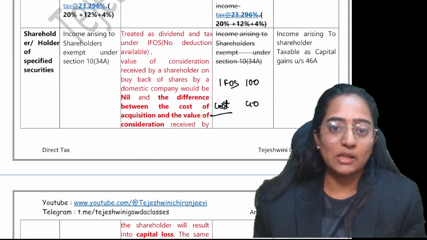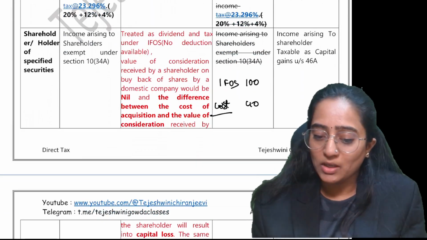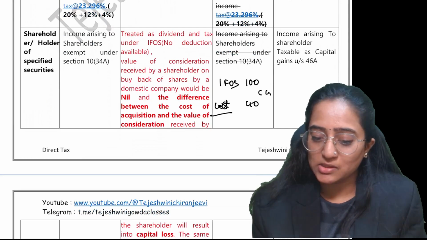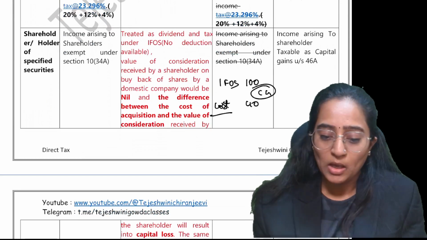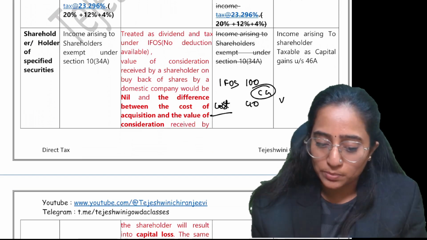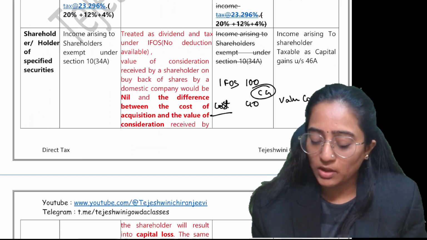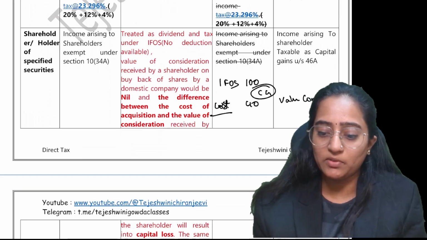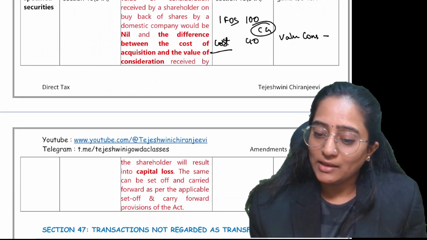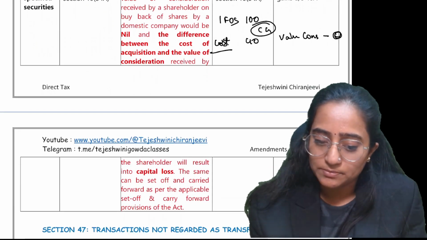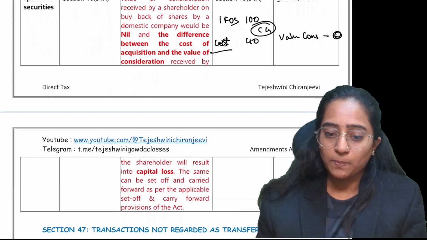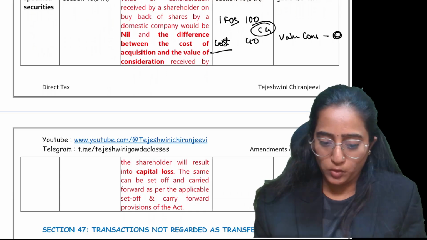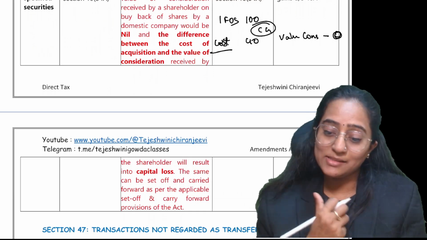So the department was like, don't worry. To whatever extent capital gain was concerned earlier, we'll do one thing. Whatever the consideration you would have received, take that as nil, that is zero.